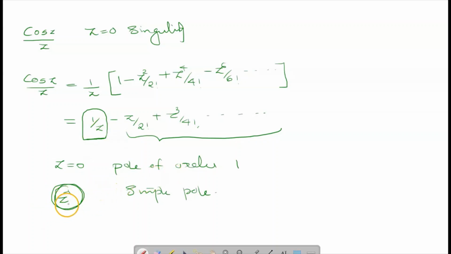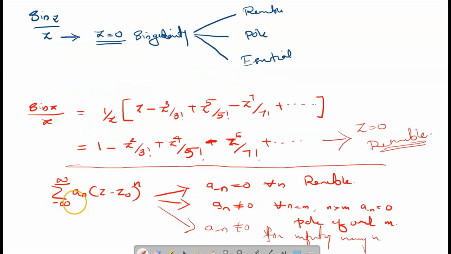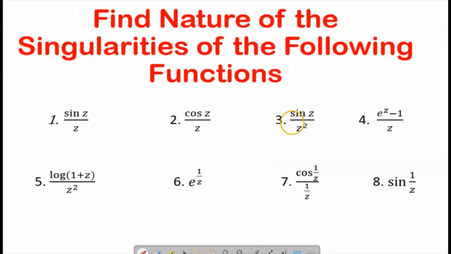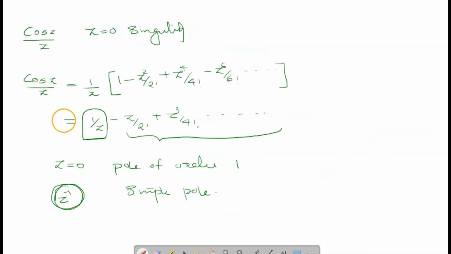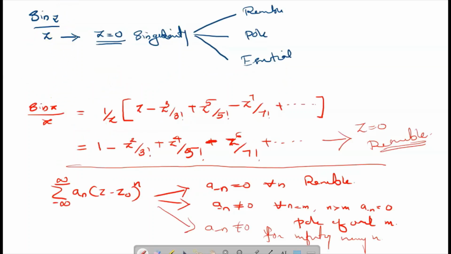Okay. Now, the third question, sin z by z square. In the same way, here I can write sin z by z square.